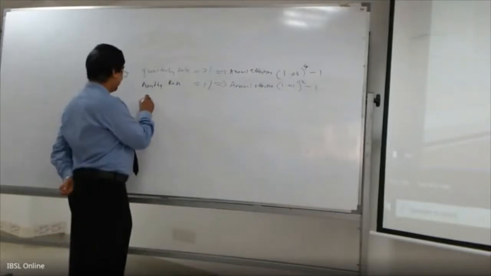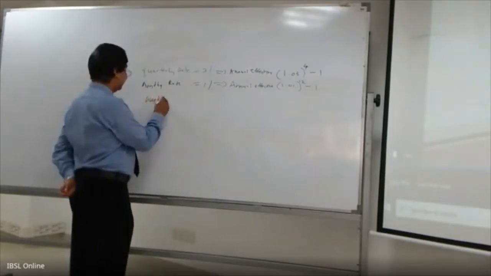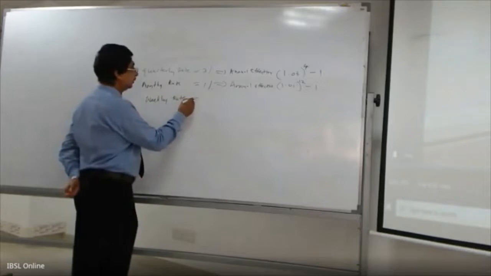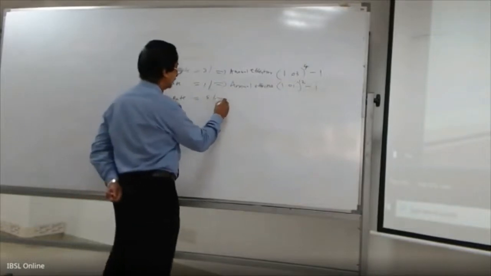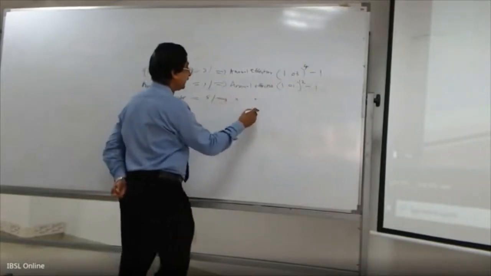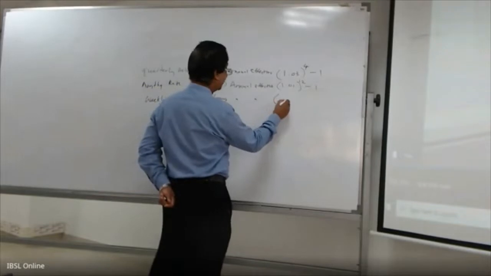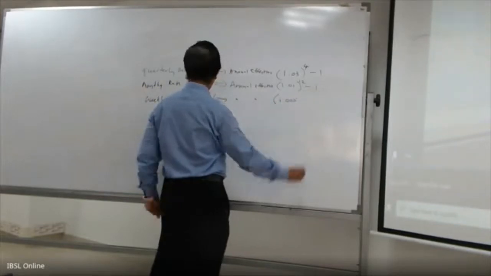Then I go to a weekly. Weekly rate I got as 0.5. Annual effective is 1.005.